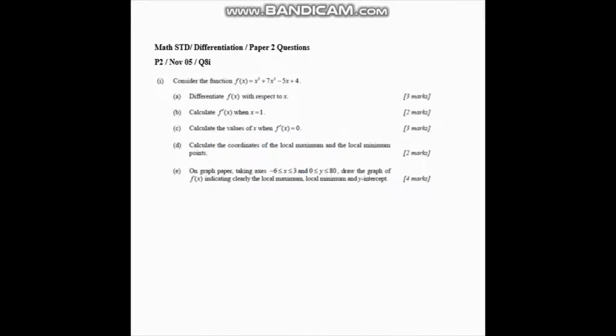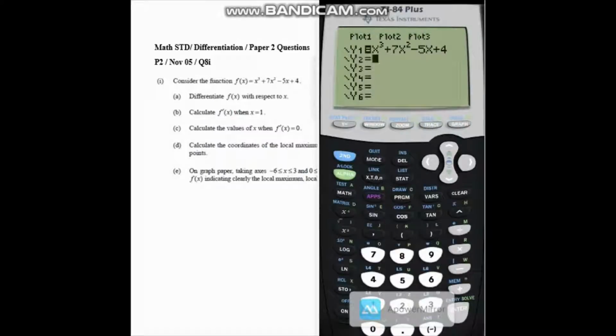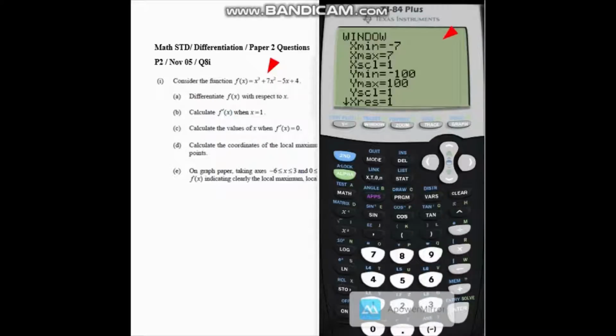Next, I'm required to calculate f dash of x when x equals 1. In order to do that, I've written the original function down on my calculator, not the derivative function. I've adjusted my window as follows, and by clicking on trace, I've obtained the picture of the curve.